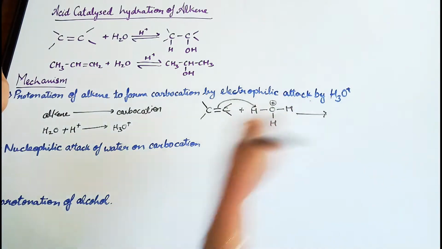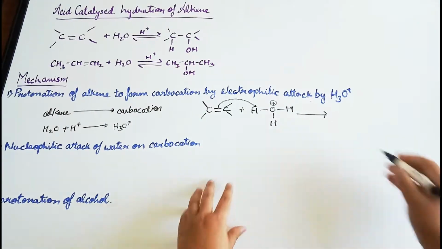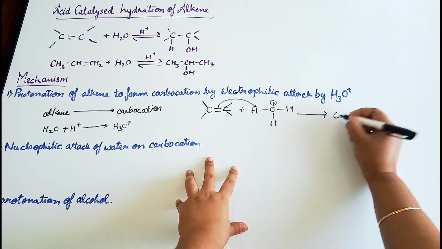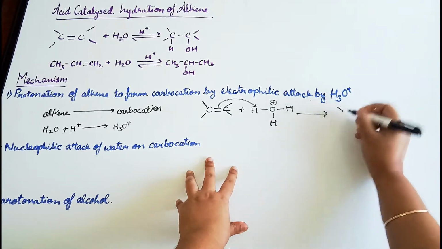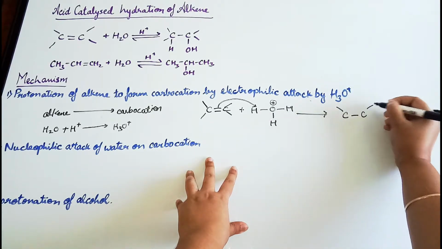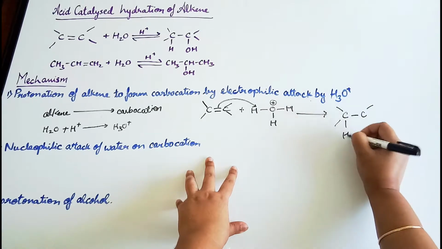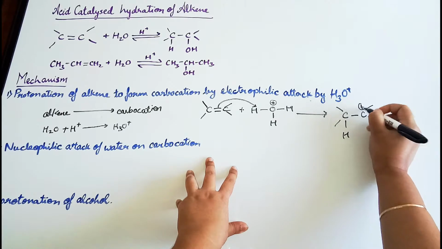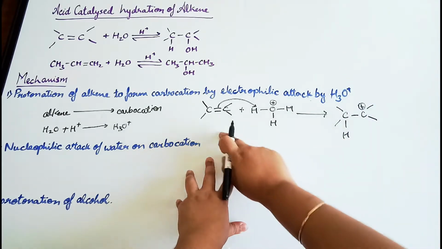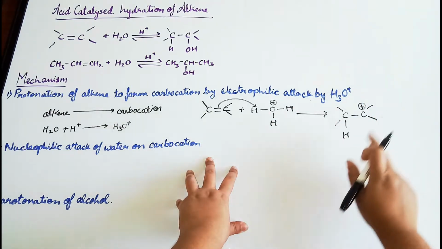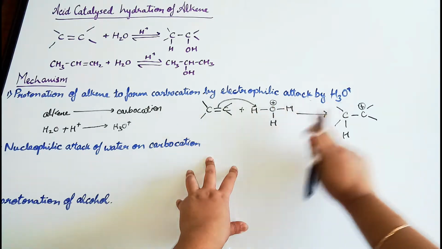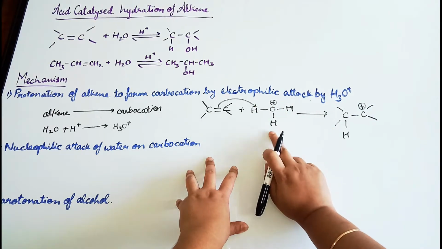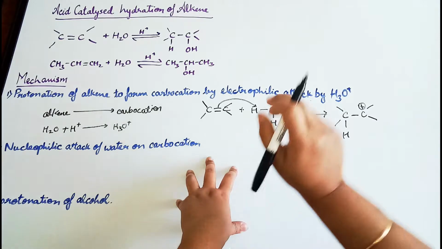Now this leads to the formation of the carbocation. So this hydrogen attacked here, and you have the carbocation formed. So an alkene is getting converted to a carbocation by the electrophilic attack by the H3O plus electrophile.